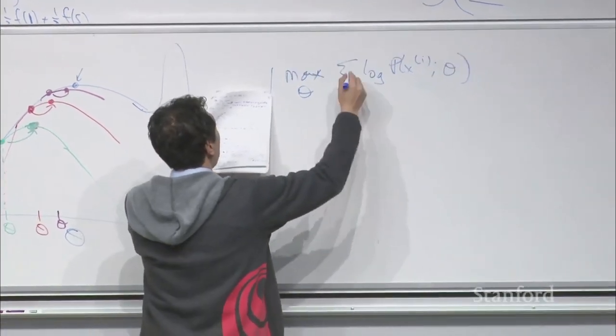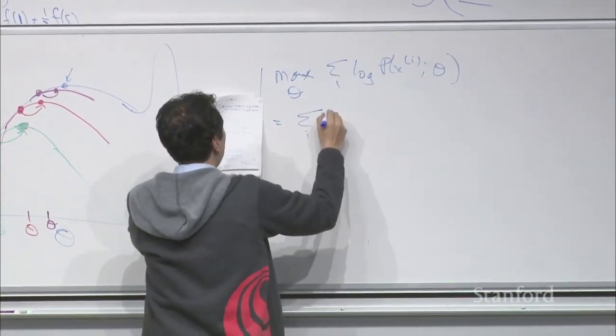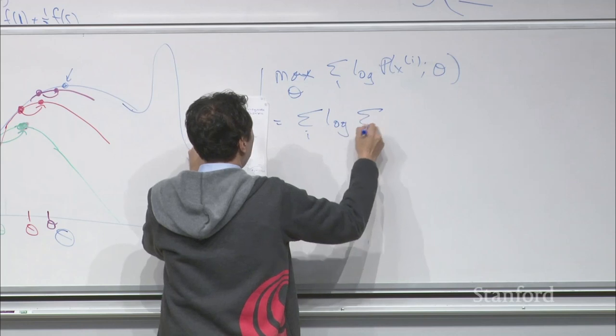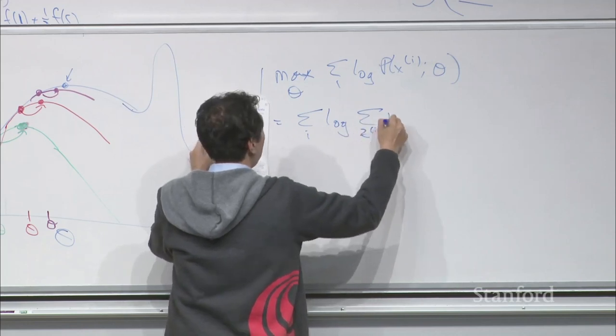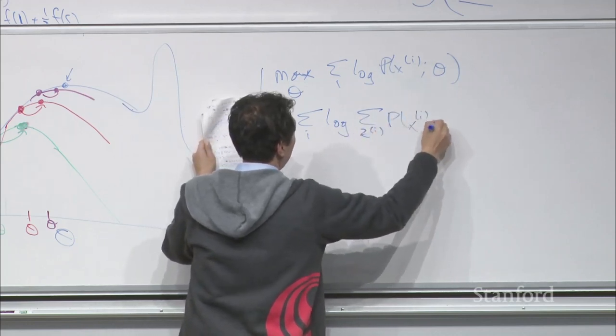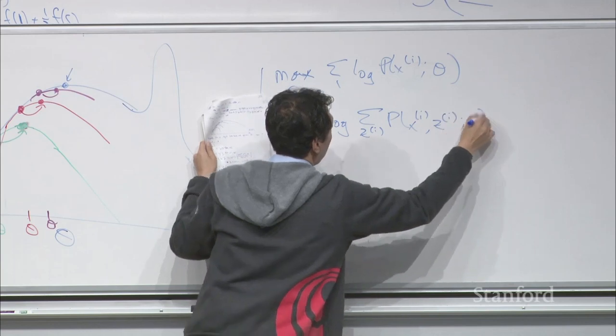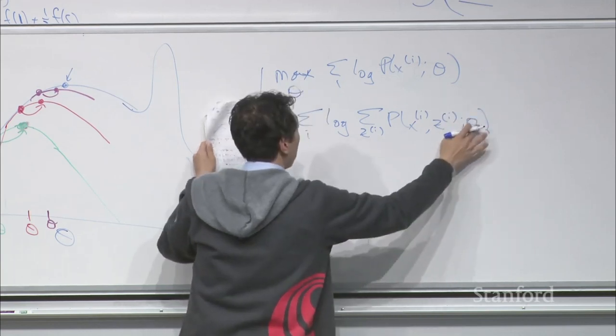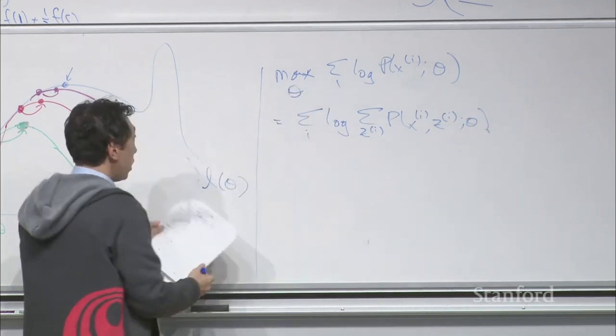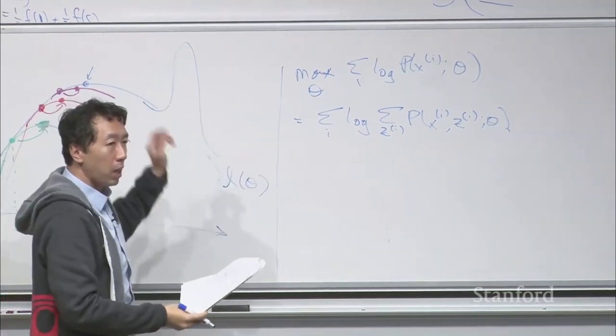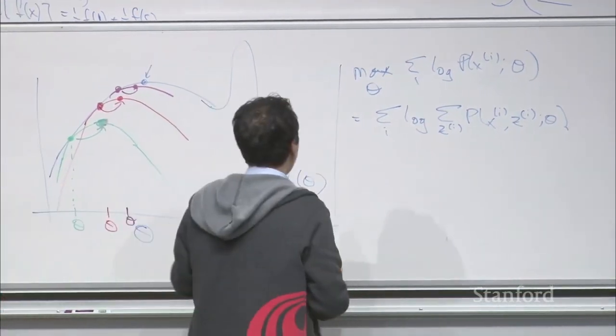Right? And so that equation we said just now is the sum over i of log sum over zi of P of xi, zi, given theta. Okay, so this is just what we had written down on the left.